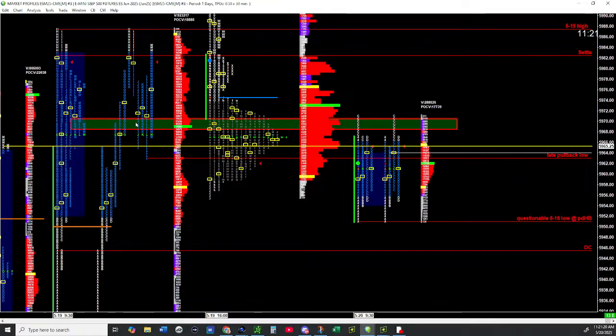I am using that as a reference, apart from this low here, to monitor the market. Building value below here and having some downside continuation is not negative, right? But puts the market in alert.